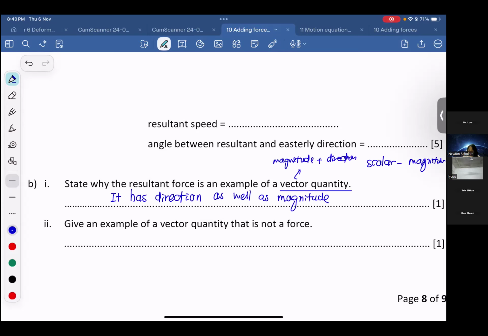Can you give an example of vector quantity other than force? Because we already know force is a vector. Acceleration, very good. What else? Any other answers? Velocity, very good. What else? Velocity is what divided by time?